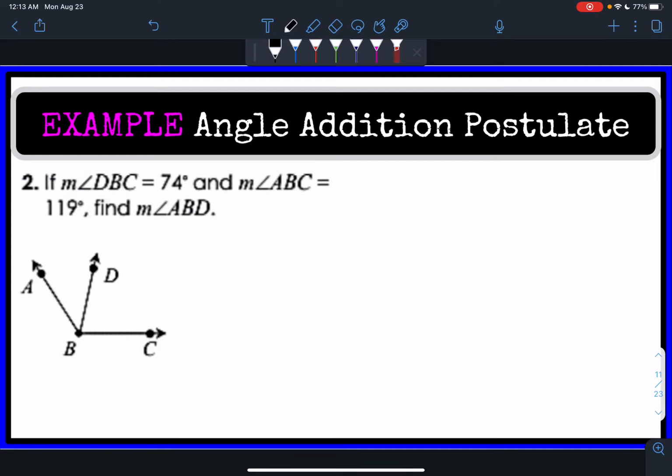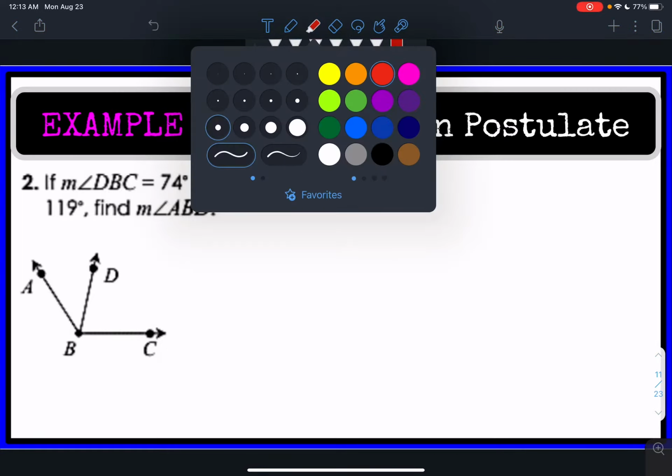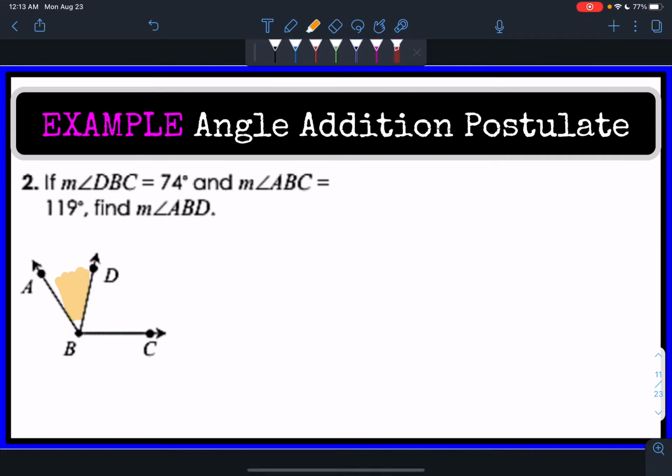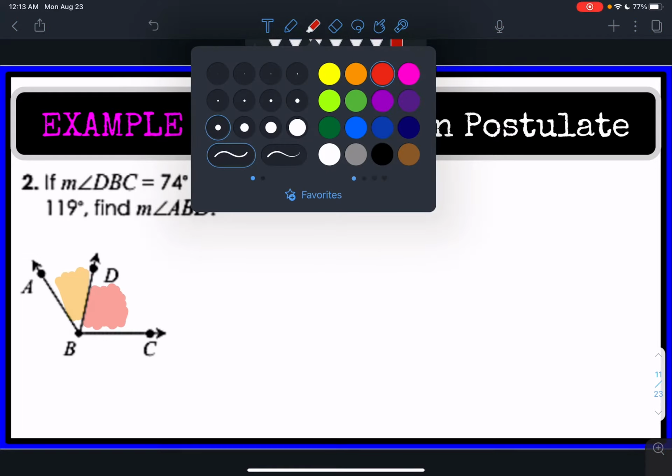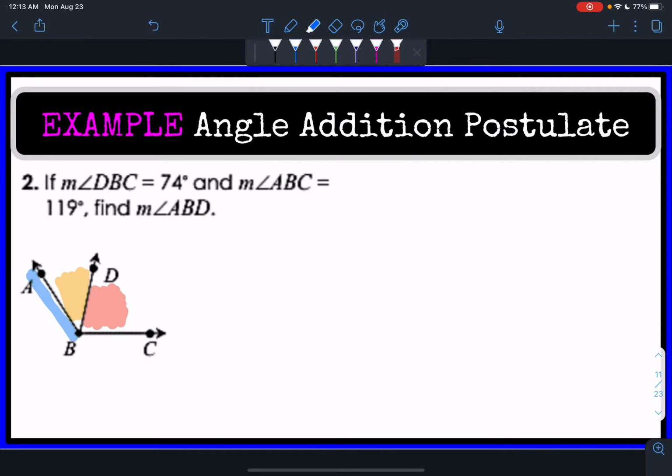Let's look at our second example. Again, same concept, using the angle addition postulate, that if we add this orange section with this red section, that has to equal the angle measurement from A to B, B to C. Adding those two will equal the measurement of angle ABC. Well, they're telling us that the measurement of angle DBC, sorry about that, is 74 degrees.